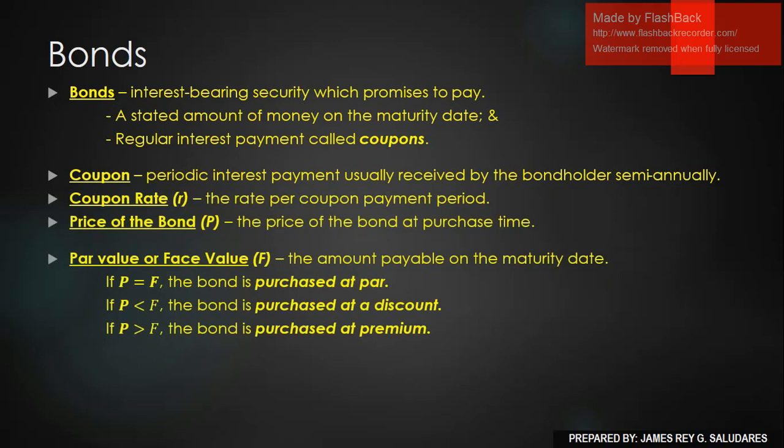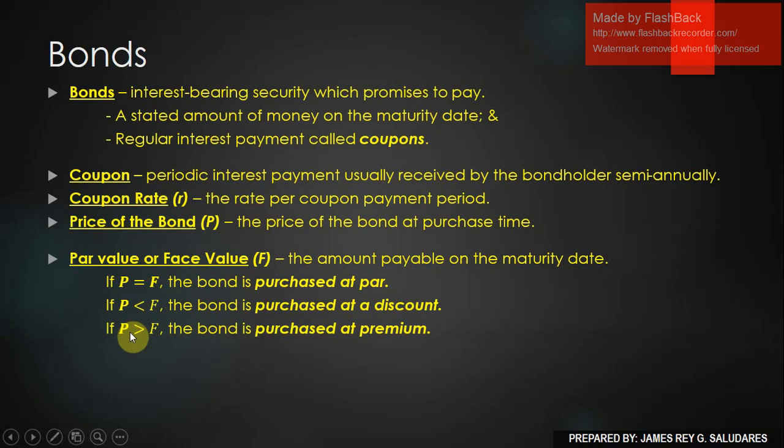So there are three possibilities. That is at par, or kung pila imong giutang mao pud imong bayaran at maturity date. Pwede at discount, pila imong giutang mas less na dayon ang imong bayaran, or pwede pud at premium.